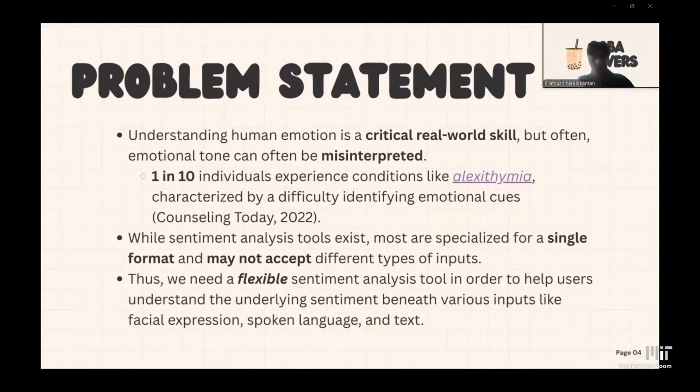While sentiment analysis tools are present, most are limited. They're often built just for one type of input, like text, and struggle to adapt to more complex or multimodal data, like facial expressions or voice. That's why our team set out to build something more flexible, a system that can understand emotion from multiple types of input and give a more accurate and complete picture of what someone is really feeling.